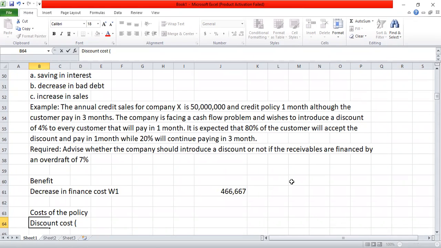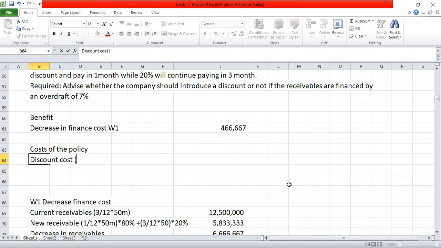They said that it is expected that 80% of the customers are going to take a discount. So it's going to be 50 million times 4% discount times 80%. Those are going to take the discount.